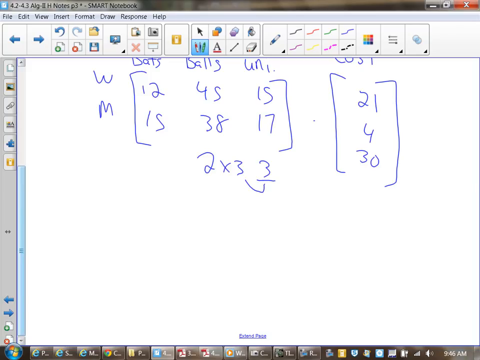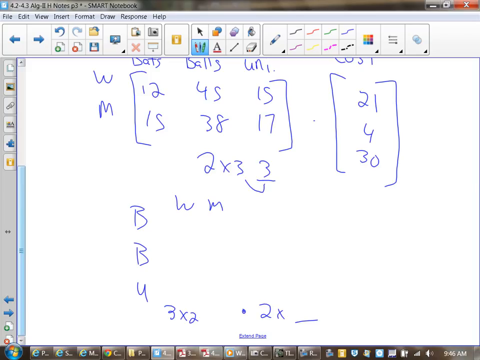It winds up being a lot of times dumb logic. When you first set up the problem, if you set up women and men this way, and bats, balls, uniforms, this becomes a 3 by 2. And if I'm going to multiply it, I'd have to have a 2 by something. But my costs are just one column.